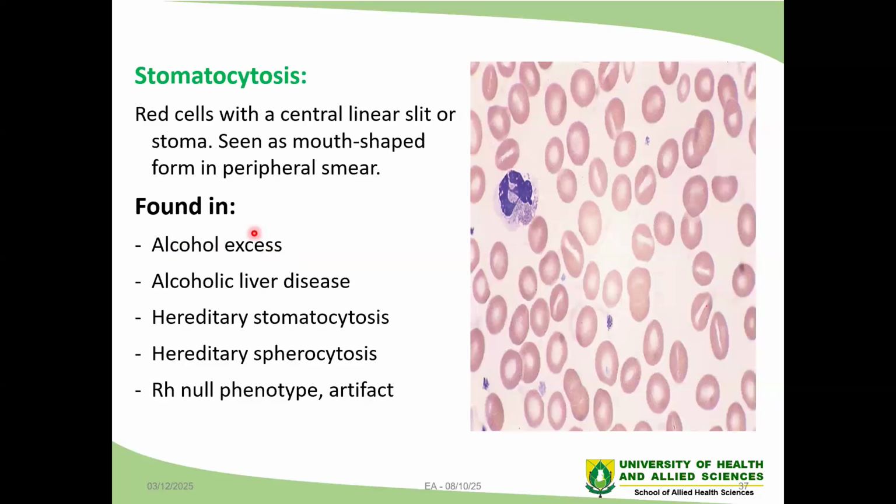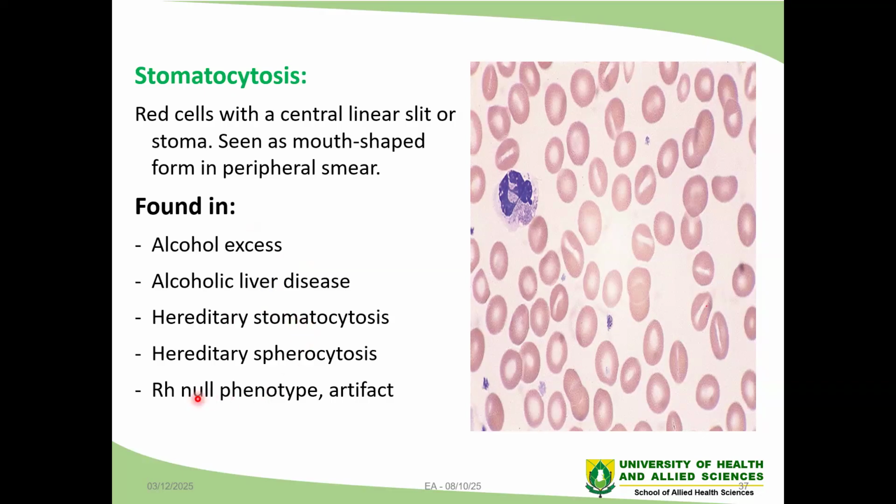We may find them in people who may be abusing alcohol, and people who have alcoholic liver disease. This may also occur as a result of a hereditary condition called hereditary stomatocytosis, or in people with hereditary spherocytosis.